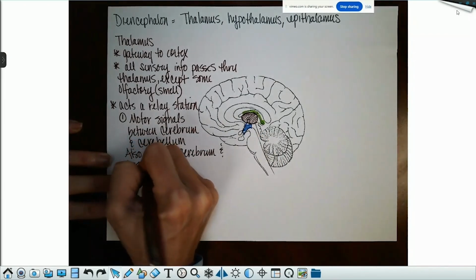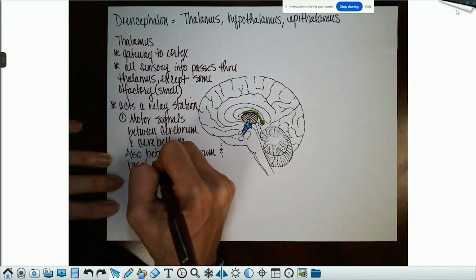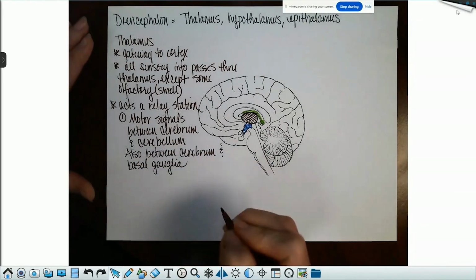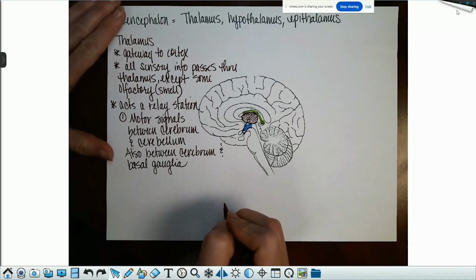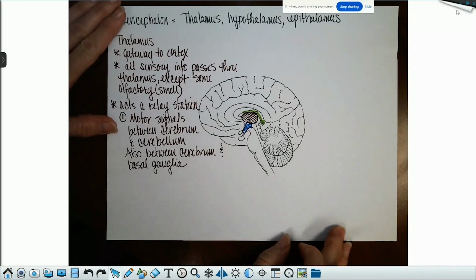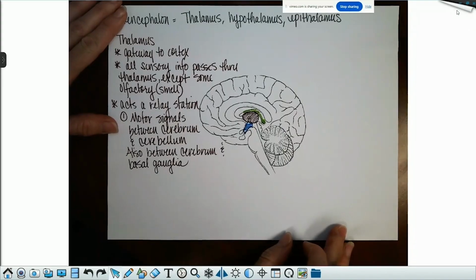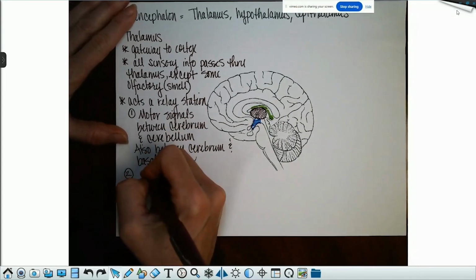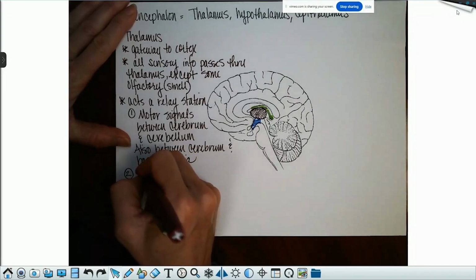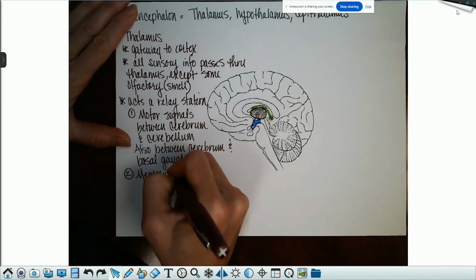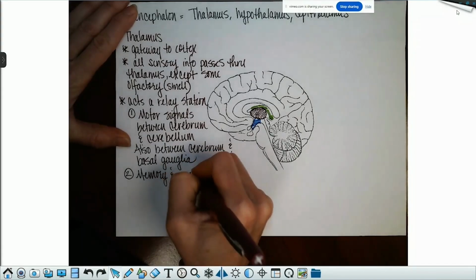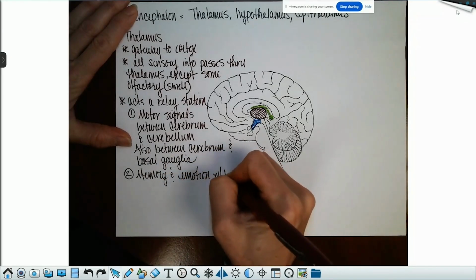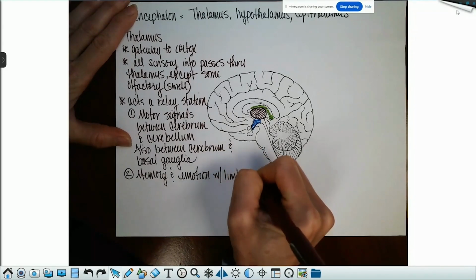The basal ganglia is actually multiple components of the brain that are deep structures, largely involved in motor movements. The second part of this, as it's a relay station, is involved in memory and emotion. And it works closely with a structure that I've already mentioned, which is the limbic system.